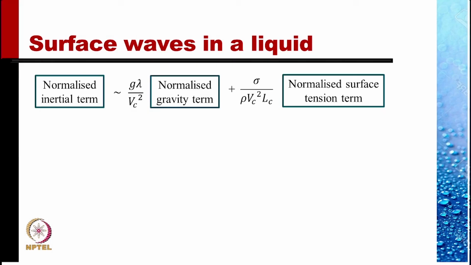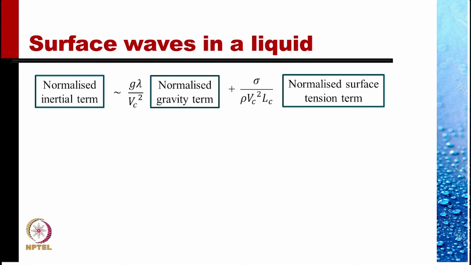Here again, the normalized inertial force would somehow balance the gravity force and the surface tension force. So the equation that we write for the phenomenon would have a term, the normalized inertial force, on the left hand side, then on the right hand side we have the normalized gravity force and the normalized surface tension force.